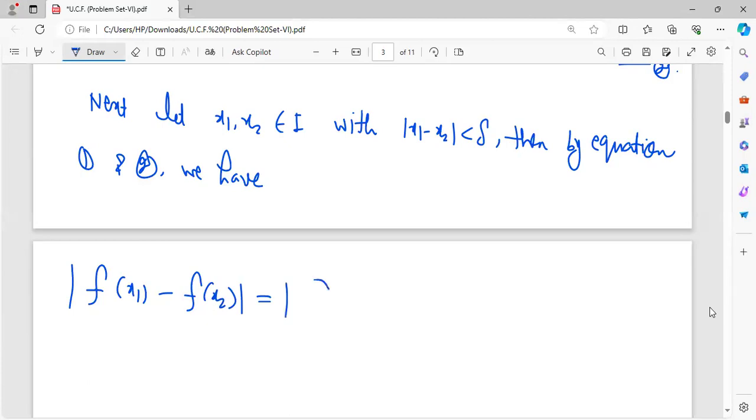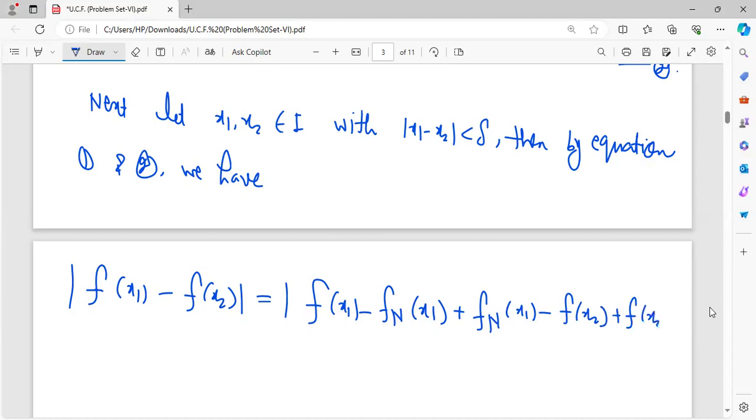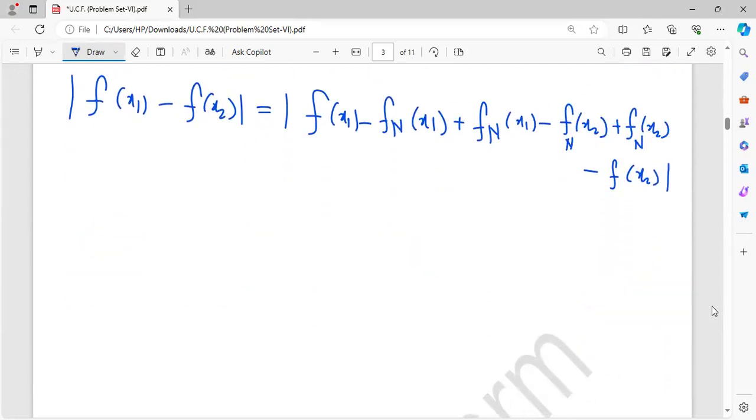I can add and subtract f_N(x1) and f_N(x2).